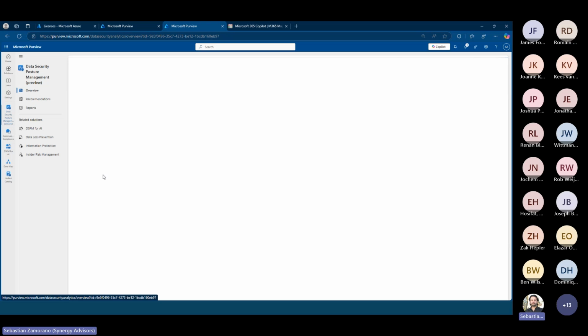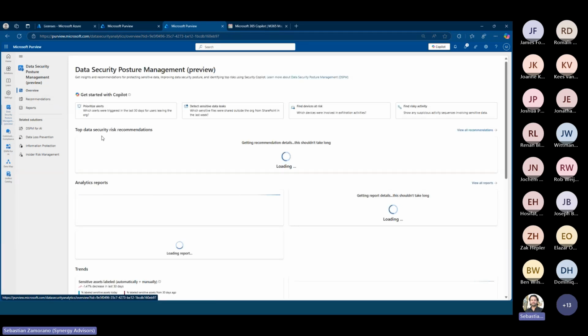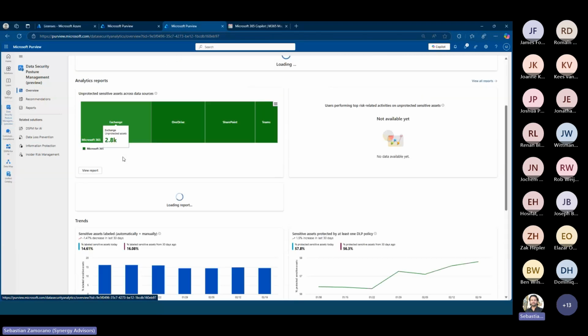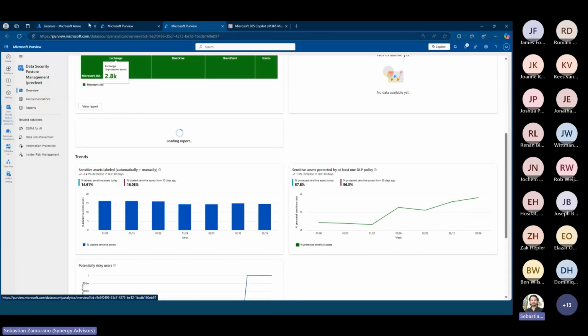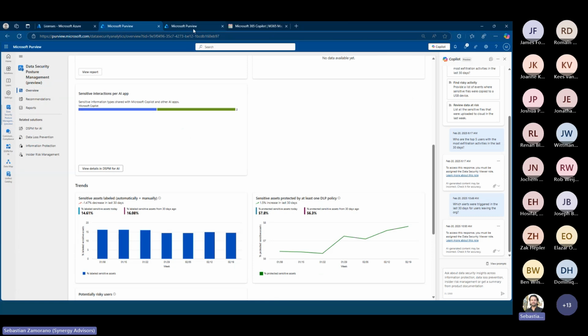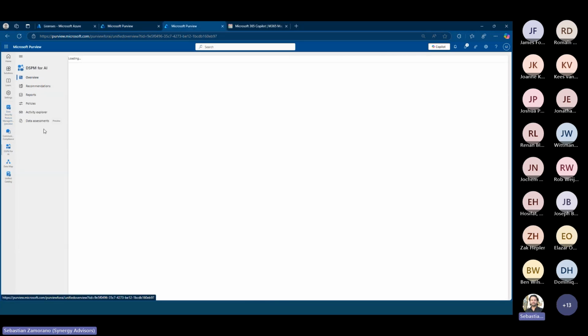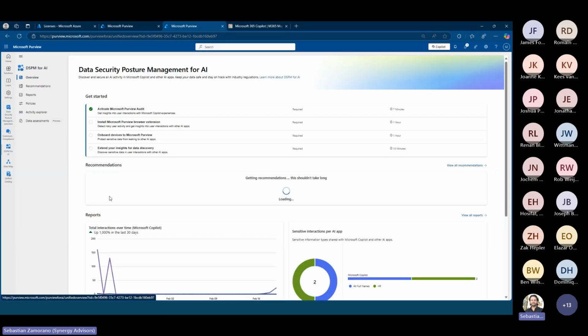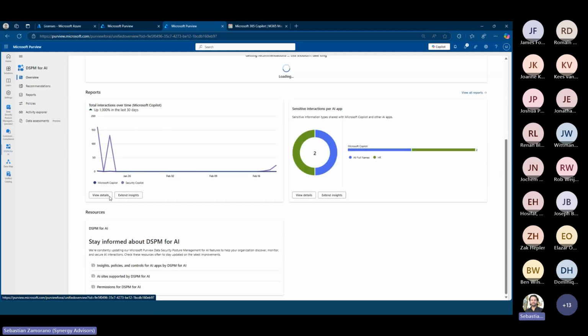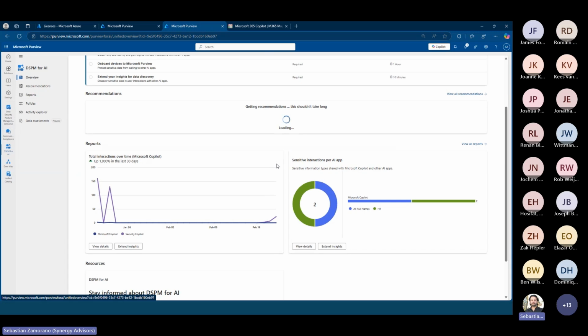Back to data security posture management, and here, no, sorry, DSPM for AI. Here on DSPM for AI, I can see the different sensitive interactions per AI. And here we can see, at least in this environment, the only ones used are Microsoft Copilot and Security Copilot.